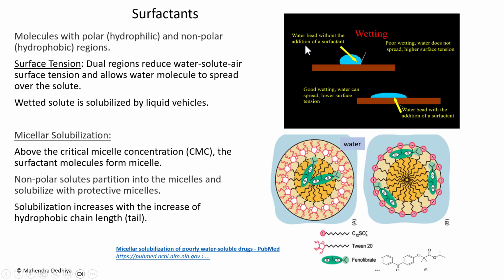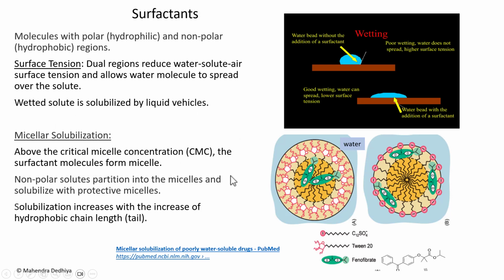Shown here, water will form a bead and it does not spread, as it has a very high surface tension. By adding surfactant, it lowers the surface tension between water and the substrate, and then water will spread.